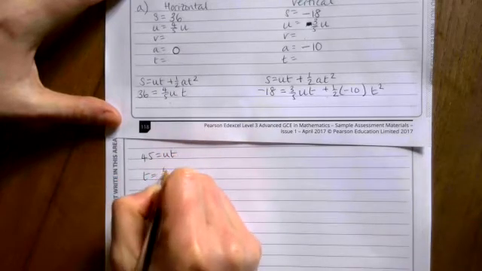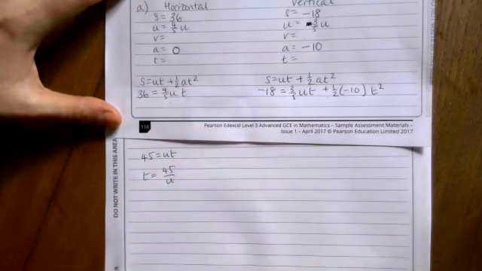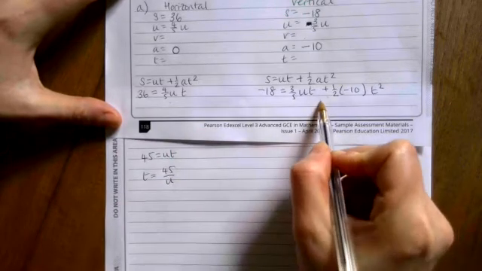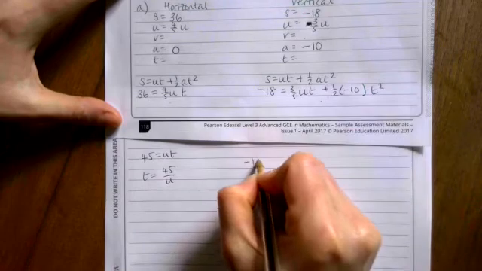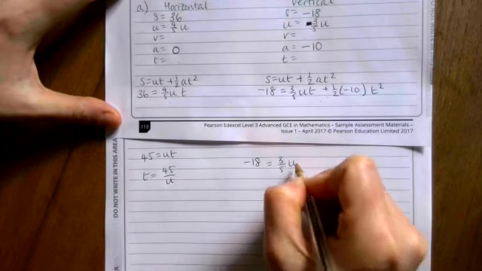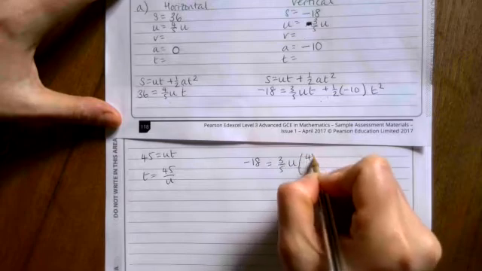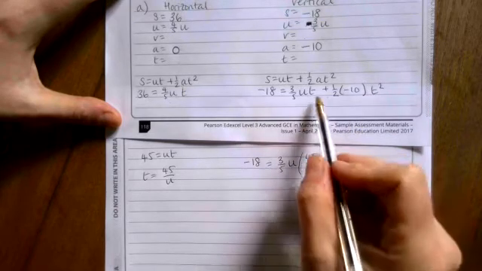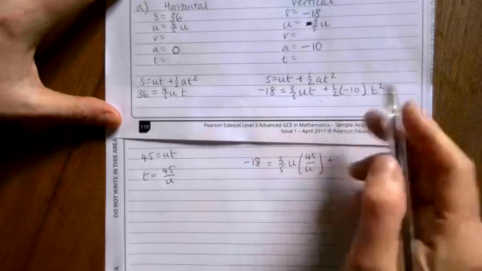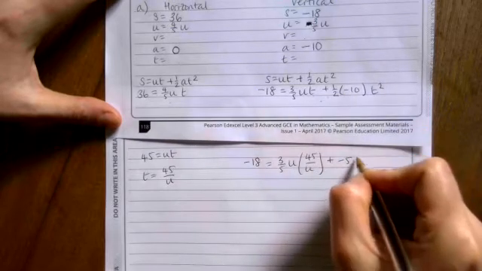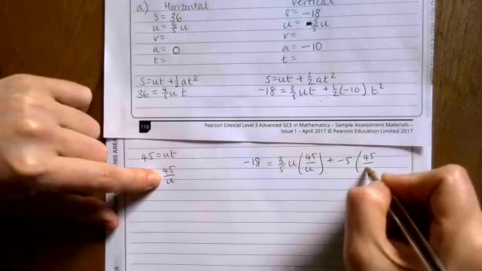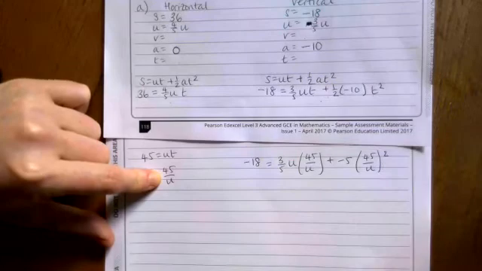So t equals 45 over u. And then I'm going to substitute that in here. So negative 18 equals 3/5 u times 45 over u, plus a half times negative 10, which is negative 5, times 45 over u all squared.